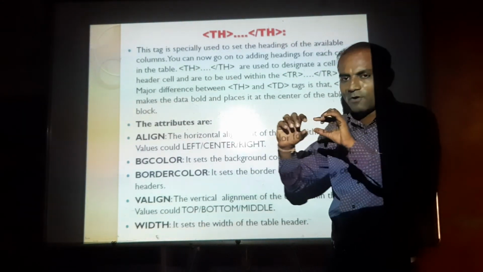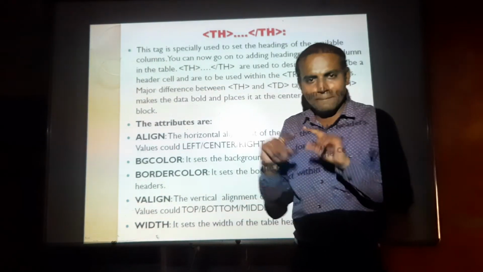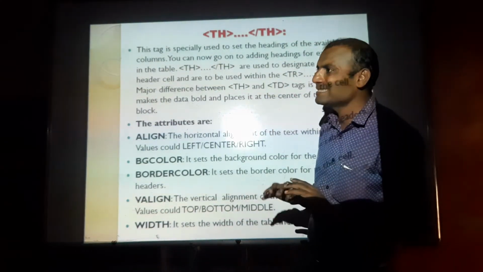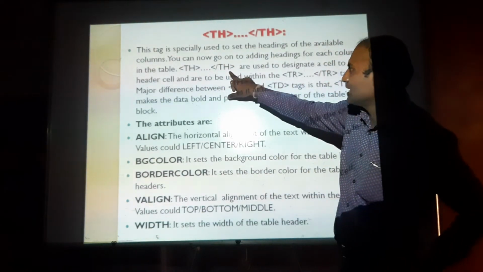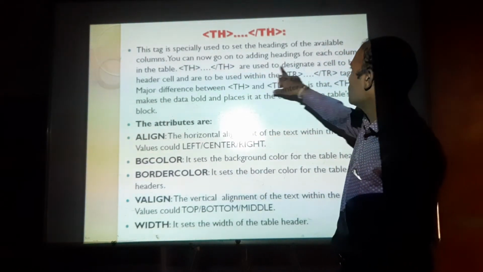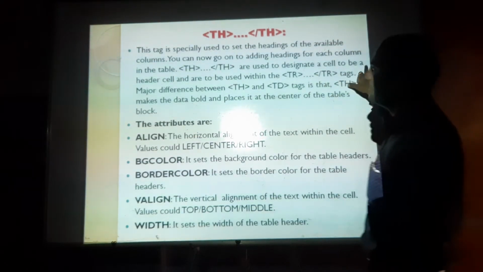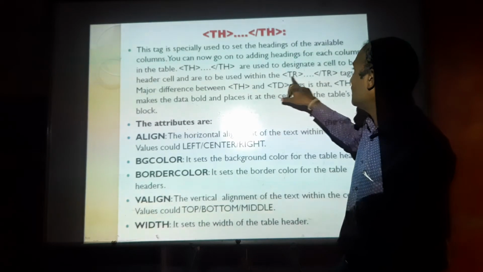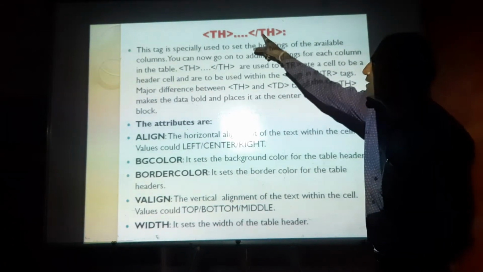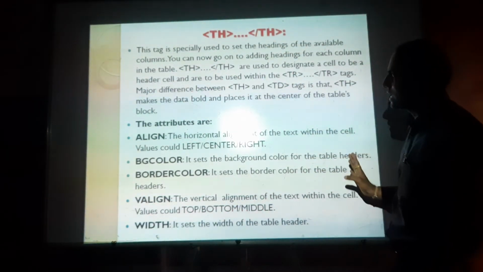These are some of the headings of a particular table, and those headings can be mentioned with the help of the TH tag. Opening TH and closing TH tags are used to designate a cell to be a header cell and are to be used within the TR. So within the TR itself we have to use the TH tags.